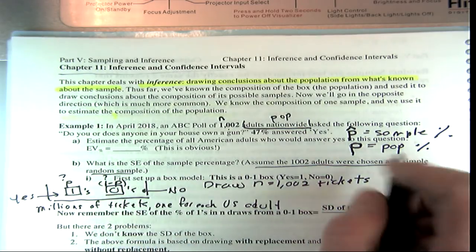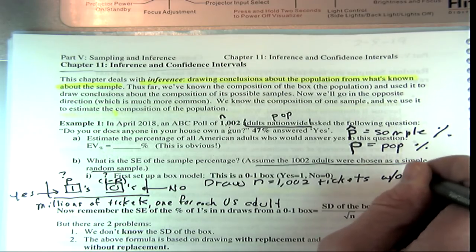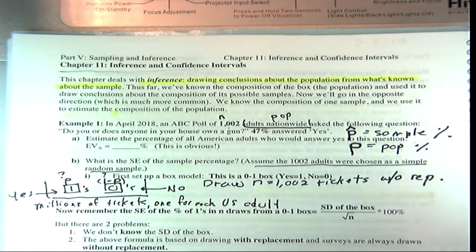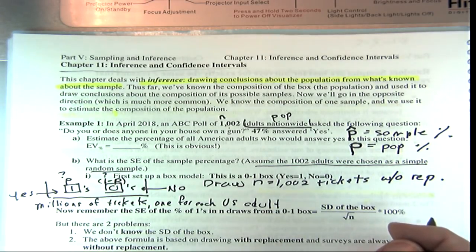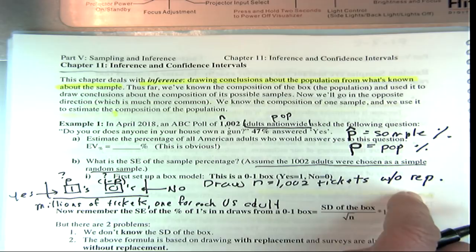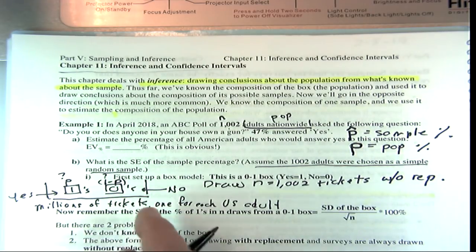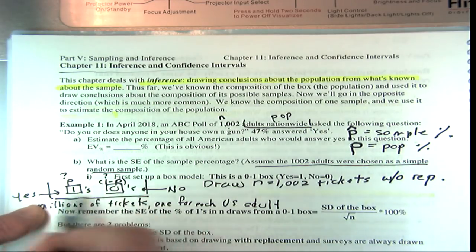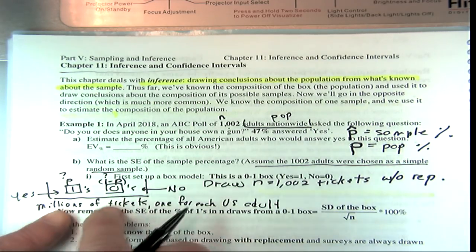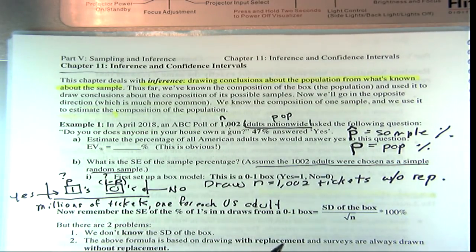So after you've sampled somebody, you throw them out; it's without replacement for all surveys. It's really only gambling games that you would do with replacement. Also for gambling games, you make it a single draw, because the box doesn't change. Here, imagine you draw the entire population in the box, for a simple random sample.